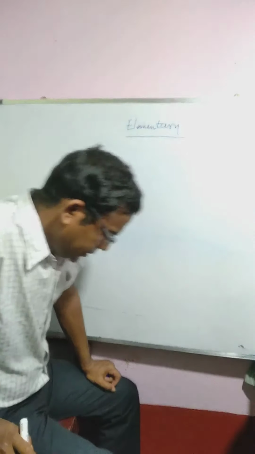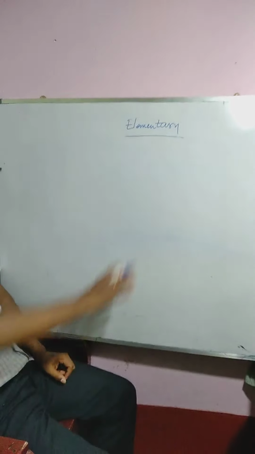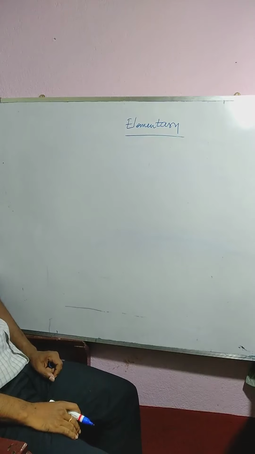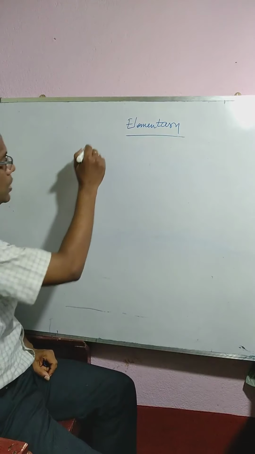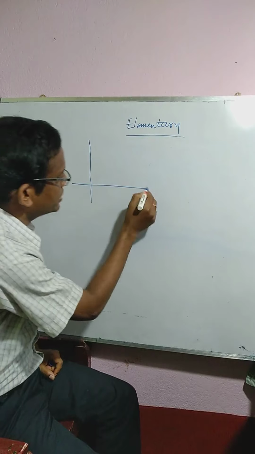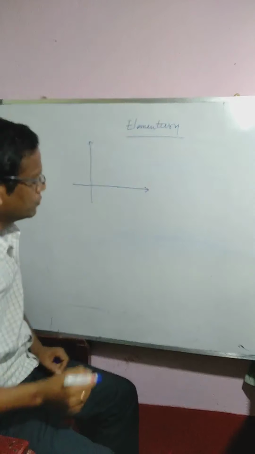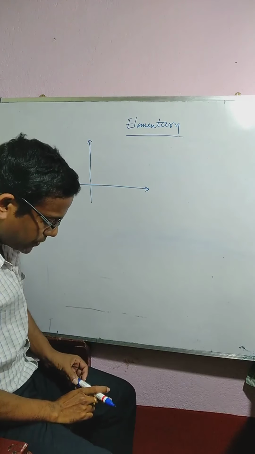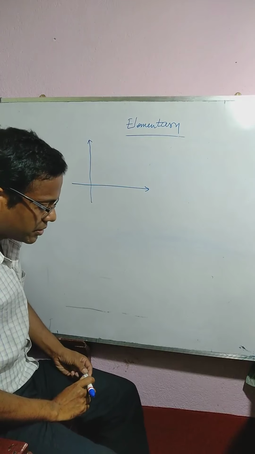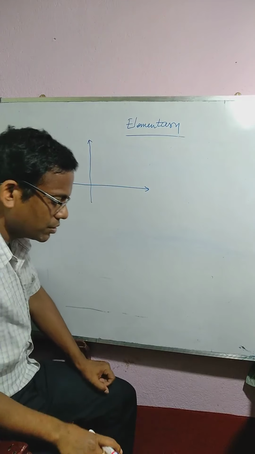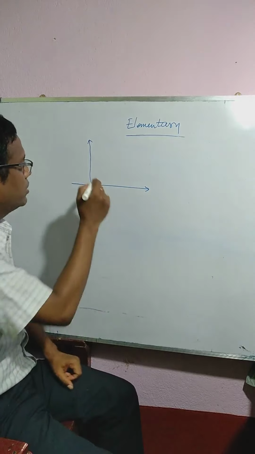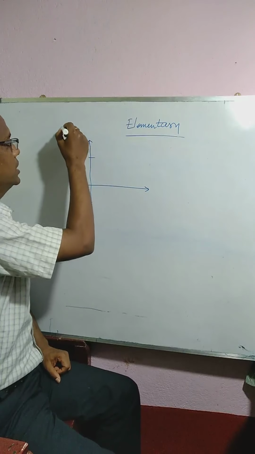Now, this was the complex exponential, now we will consider an exponential signal whose value monotonically either increases or decreases. Like consider this signal.